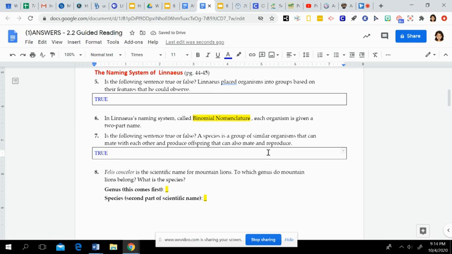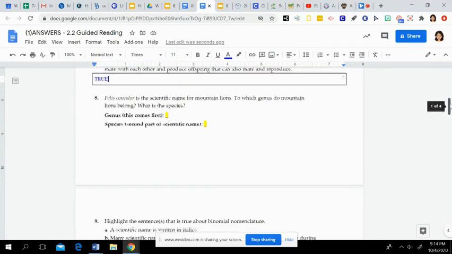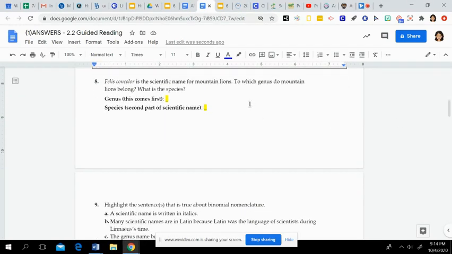Now question 8, I tried to go over in our directions a little bit. This was tricky for some students, but you needed to identify the genus and the species, which is the scientific names for the mountain lions, and this question already gave it to you. It's Felis concolor, so you just needed to identify it. The genus, you should have Felis, and then the species, you should have concolor.